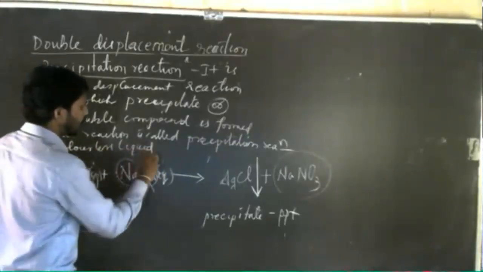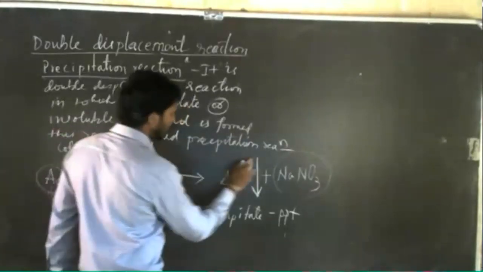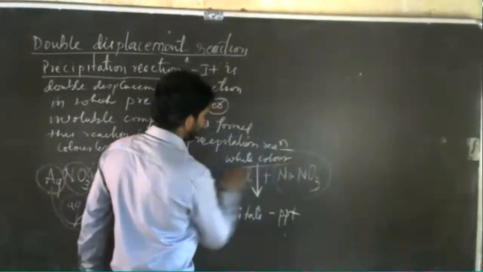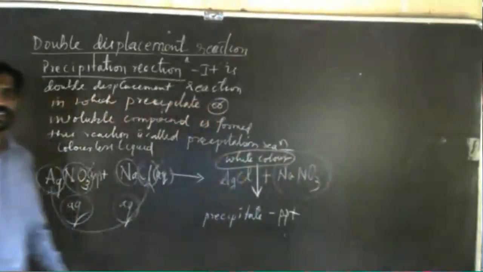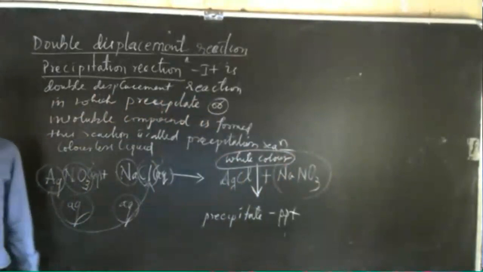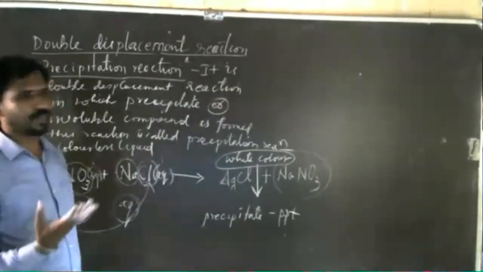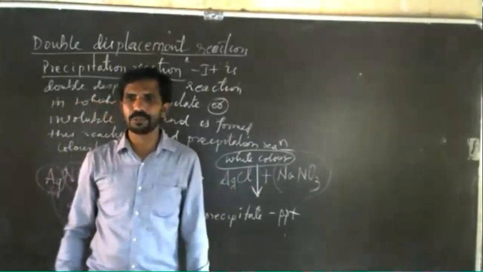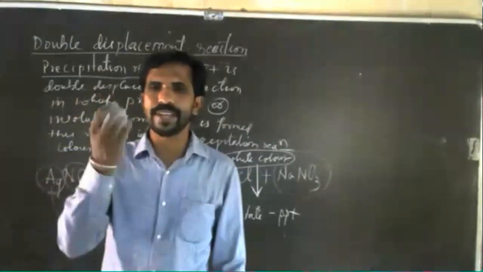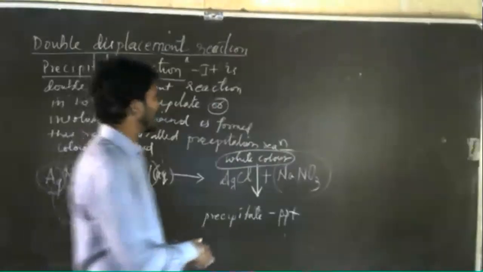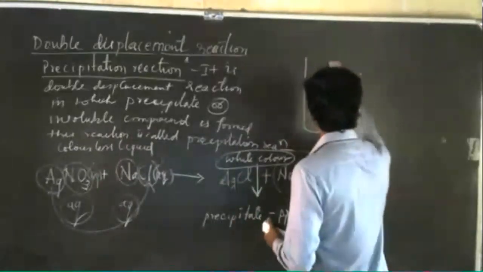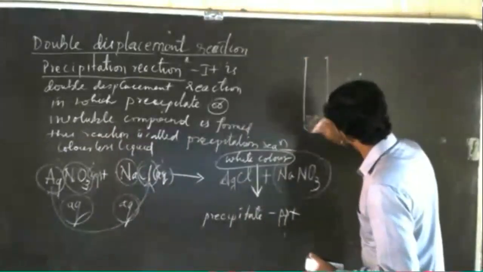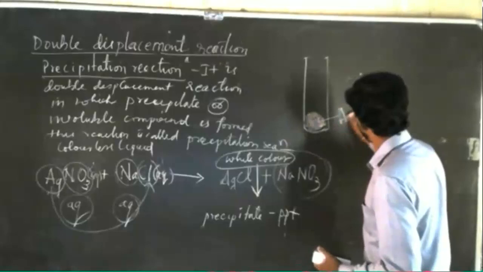Both are colorless liquids, and after the reaction it turns white in color. If you keep it undisturbed for 10 or 15 minutes, all this AgCl settles down because it is insoluble in nature, and you get a clear liquid.